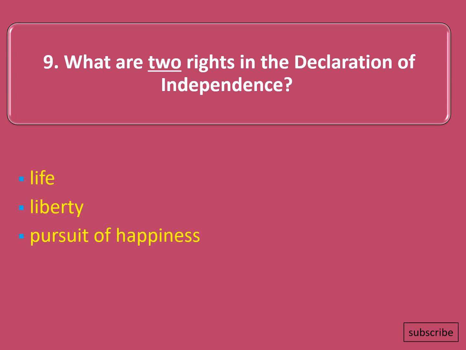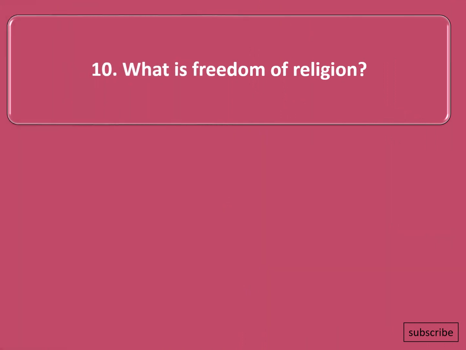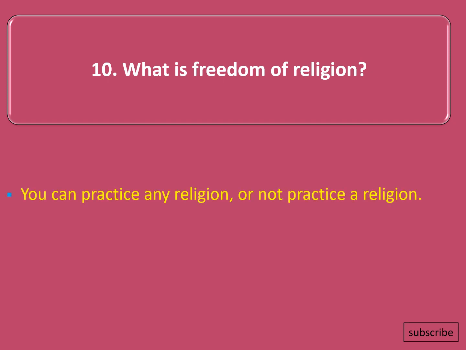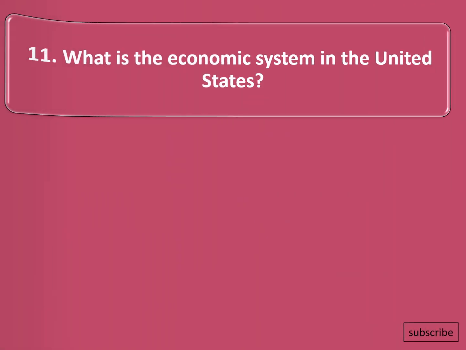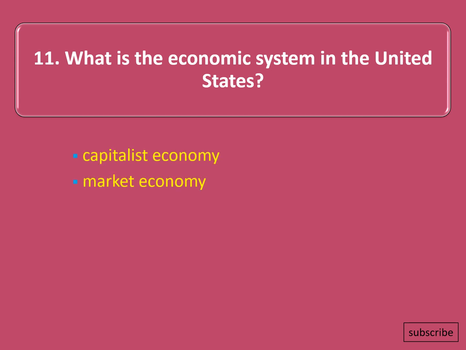Liberty. Pursuit of happiness. What is freedom of religion? You can practice any religion or not practice a religion. What is the economic system in the United States? Capitalist economy. Market economy.